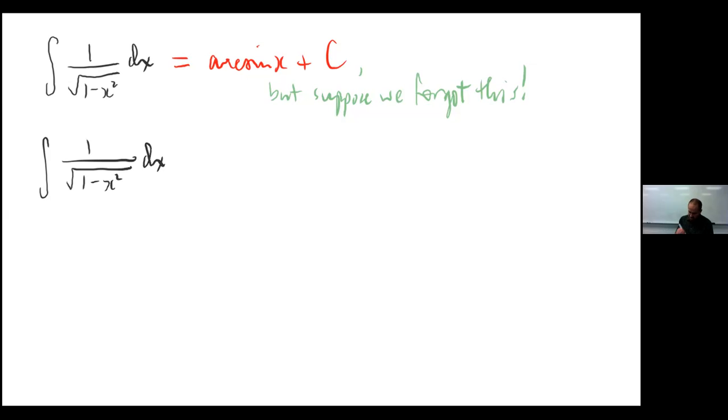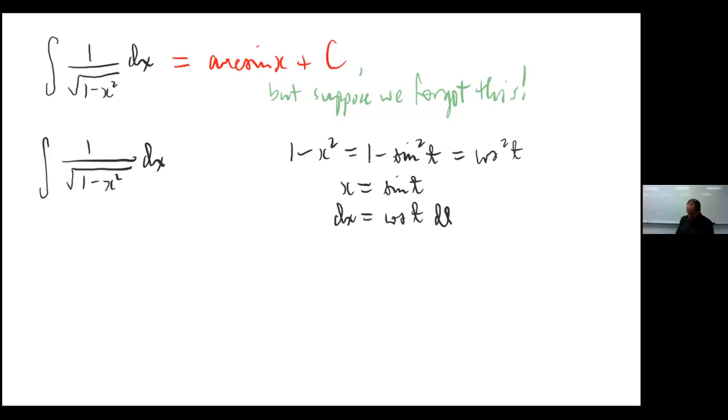Because 1 minus x squared, I'm going to make that 1 minus sine squared of t, which is cosine squared of t, which is beautiful. And that means I want x to be sine of t, which means that dx is cosine of t dt.